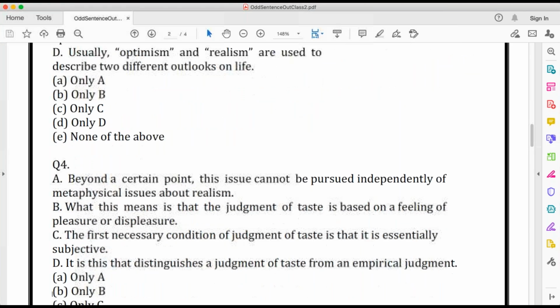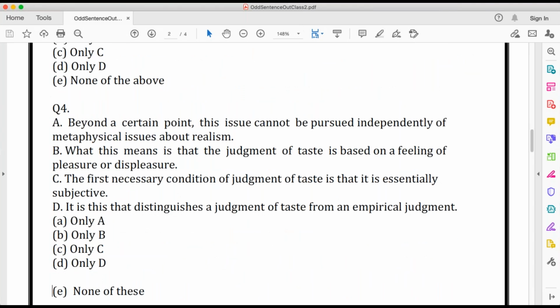Opening up question number 4. Tell your answers for question number 4.